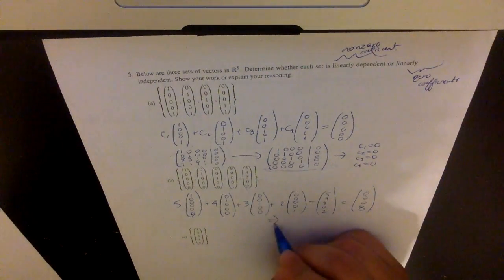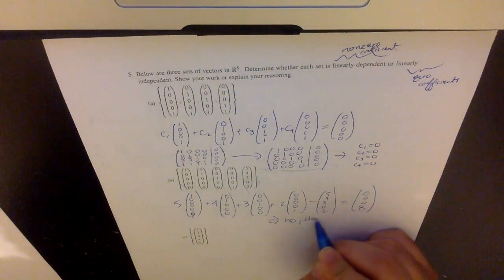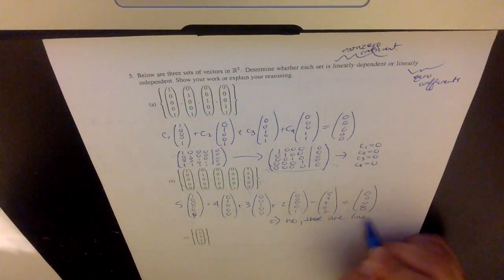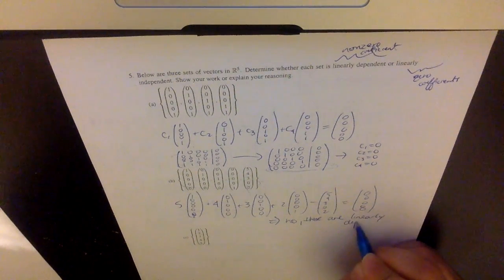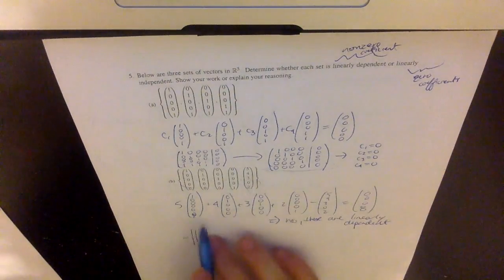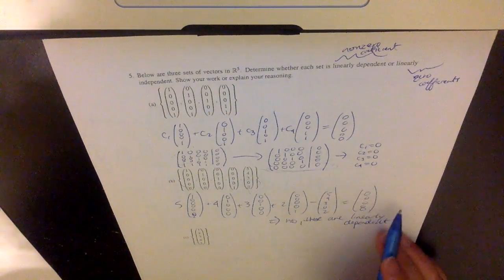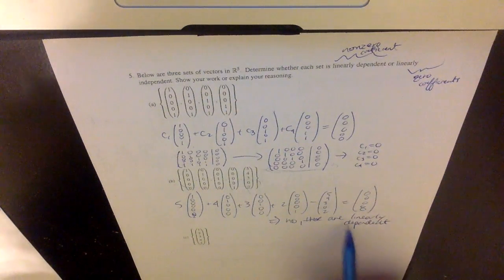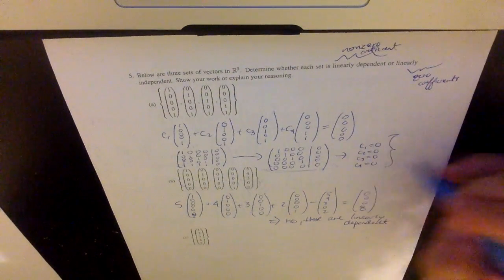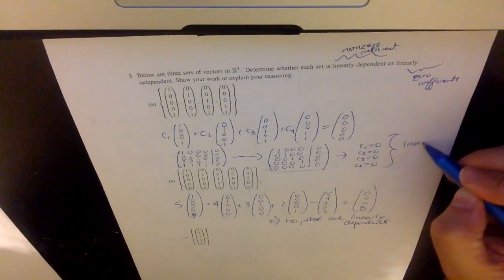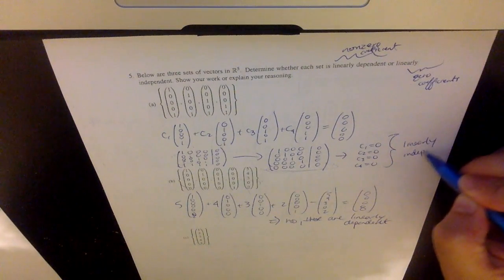So that tells us no, these are linearly dependent. Okay, so any non-zero coefficients existing tell us that these are linearly dependent. Since these were all 0 coefficients, these are linearly independent.